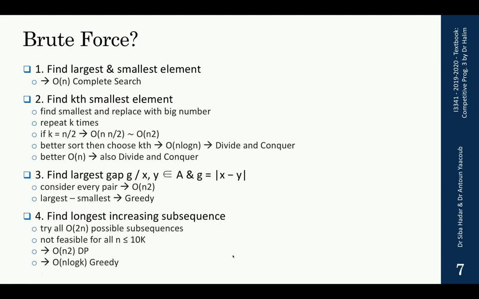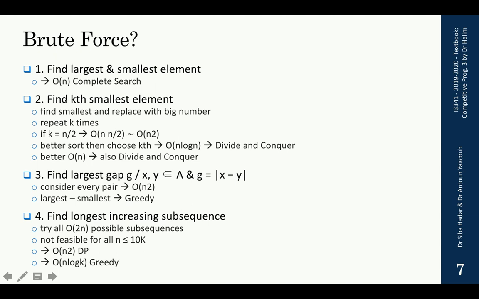So for those problems, are brute force algorithms a solution for all four kinds of problems? For example, to find the largest and smallest element, you must iterate the array only once, and it is of complexity order of n, the size of the array, and you have to perform a complete search.